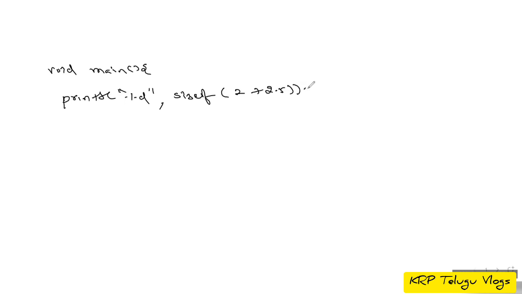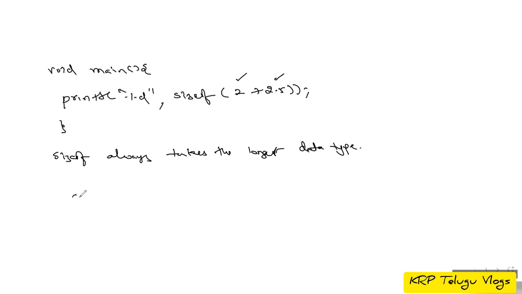What is the size of this? 4. Weight is 4. So this is 8. What data type is it? This is double. So sizeof always takes the longest data type. Sizeof double is 8. So the output will be 8.